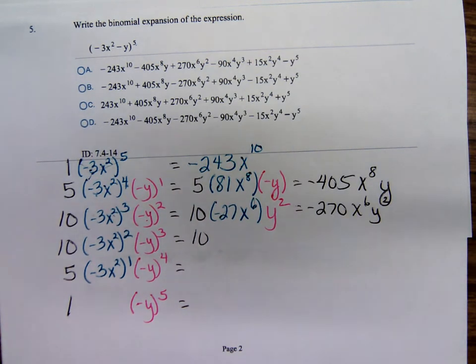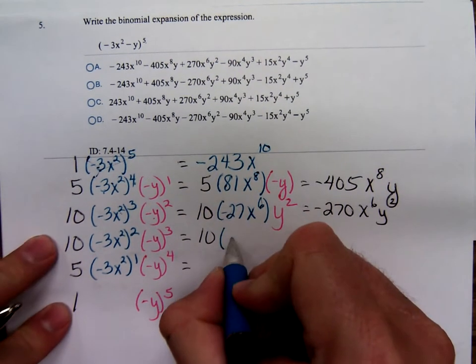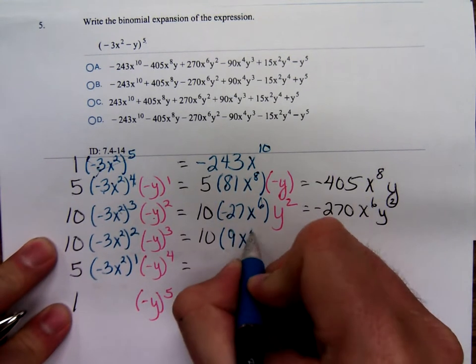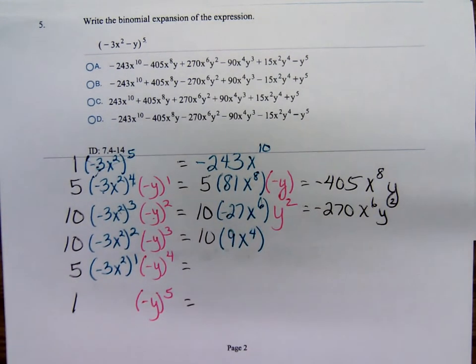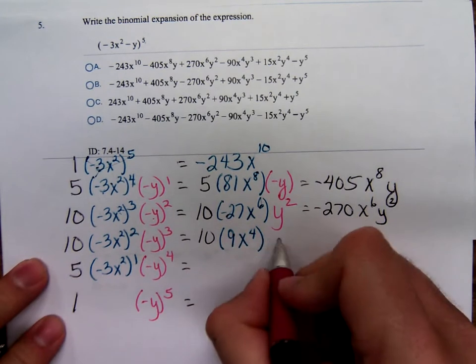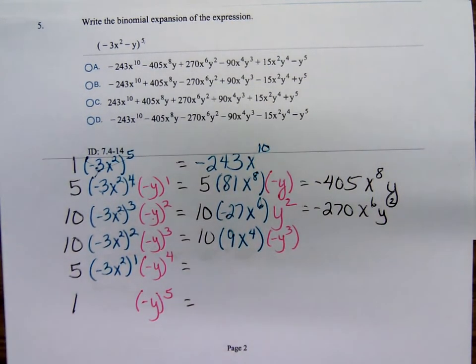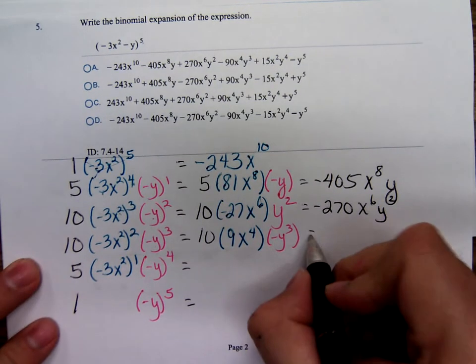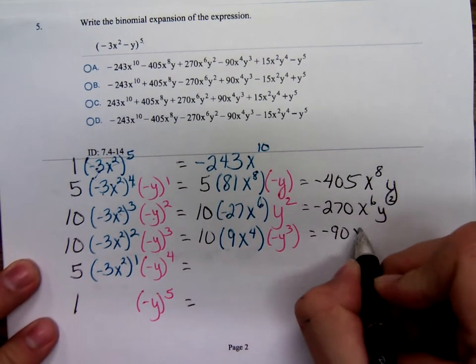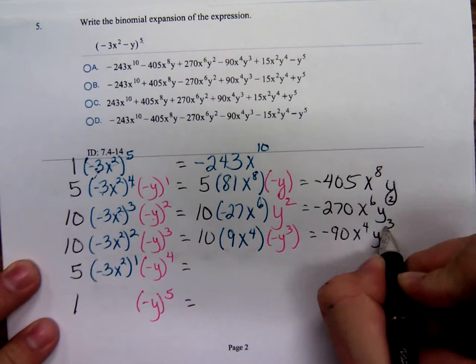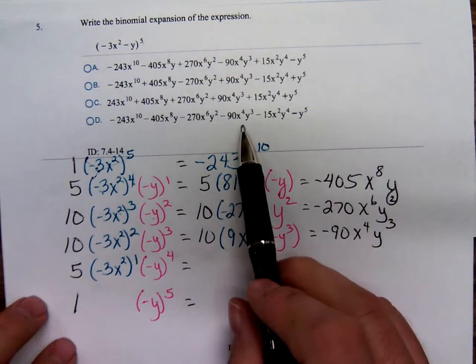Negative 3 squared would be a positive 9, x to the 4th. A negative number cubed would just be negative. So this would be a negative 90 x to the fourth, y to the third, which is what we're thinking it should be.